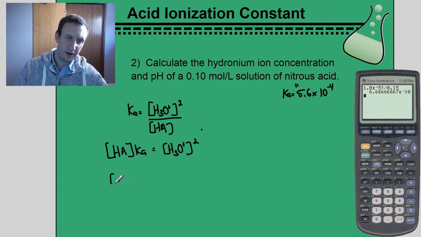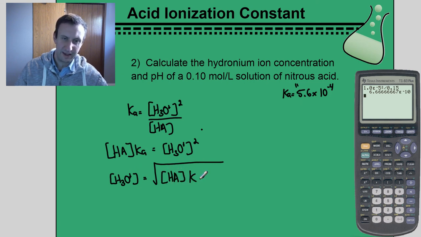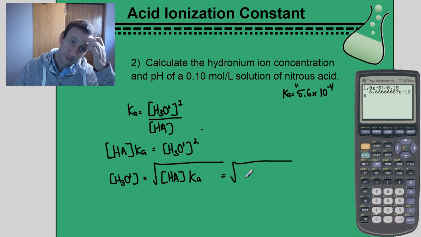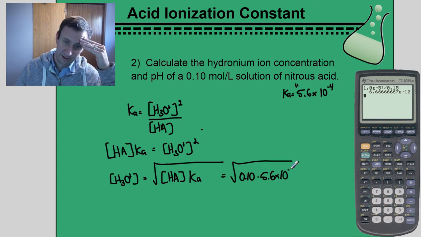Now if I want hydronium, I'm just going to take the square root of both sides. So square root of HA and Ka. So square root of 0.10 and that 5.6 times 10 to the negative 4.